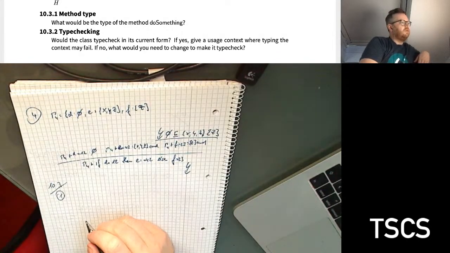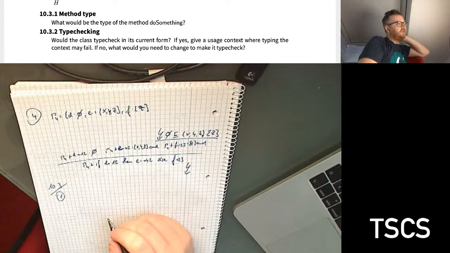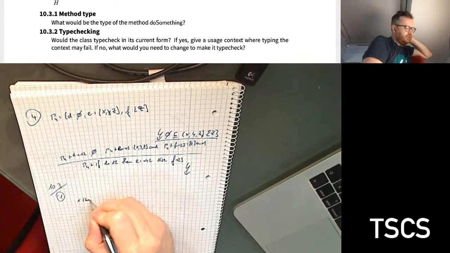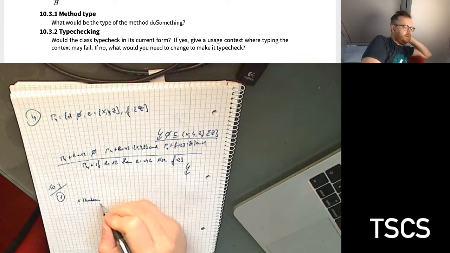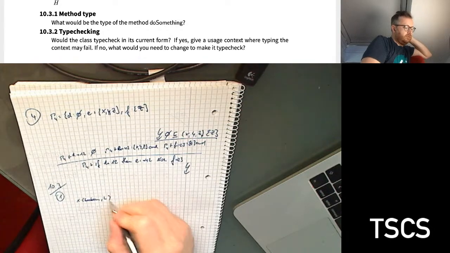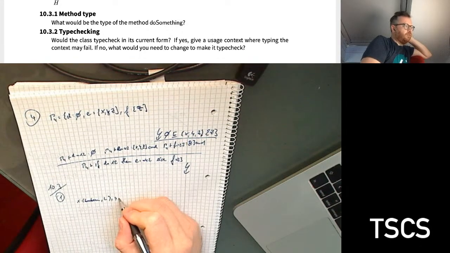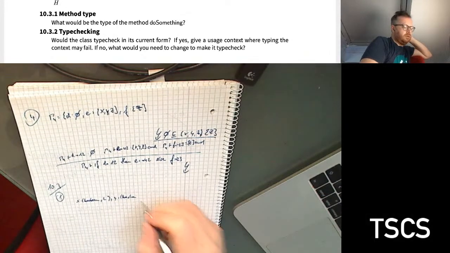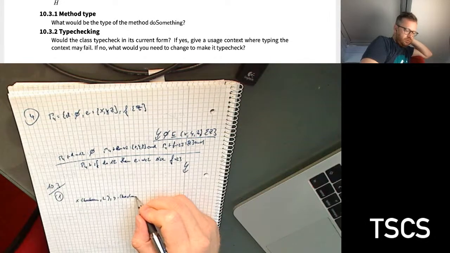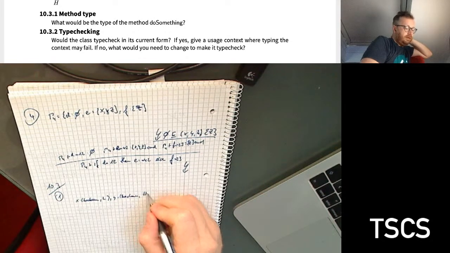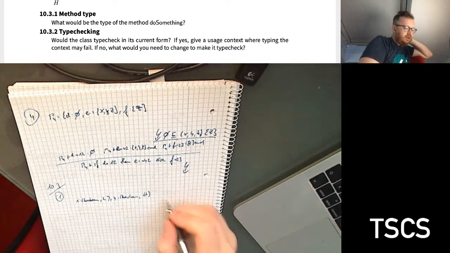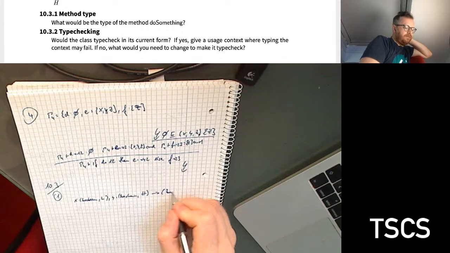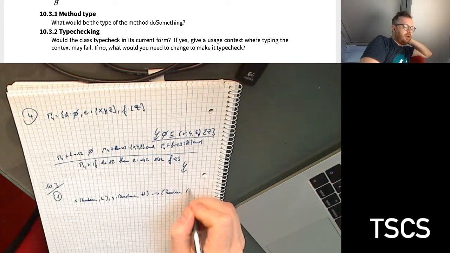Well, of course, in the left part of the function type, there are the parameter types, which is X, boolean low, and we have Y, this is boolean high, and the return type is actually denoted here, which is boolean high.